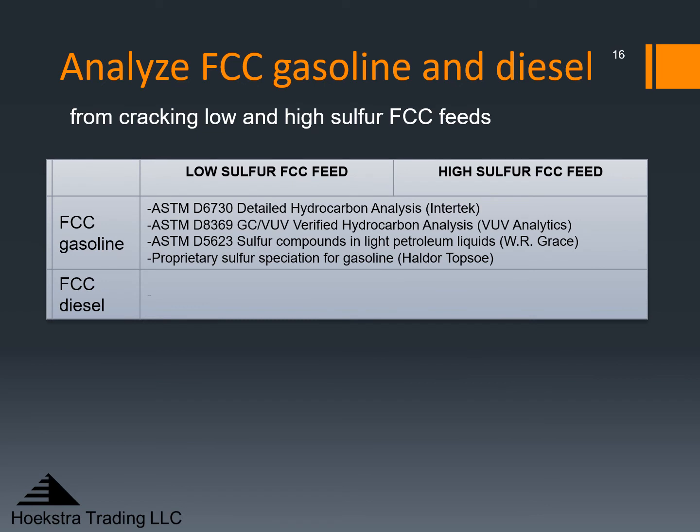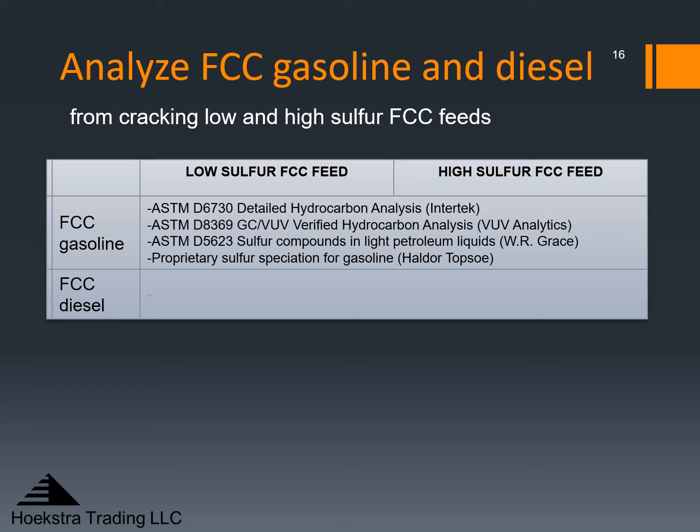Several laboratories were involved. The FCC gasoline was analyzed by ASTM D6730 DHA, the 100-meter column version, which is run by Intertek, which is the standard test we run on all FCC gasolines, and we call it the blood test. We ran ASTM D8369 verified hydrocarbon analysis.